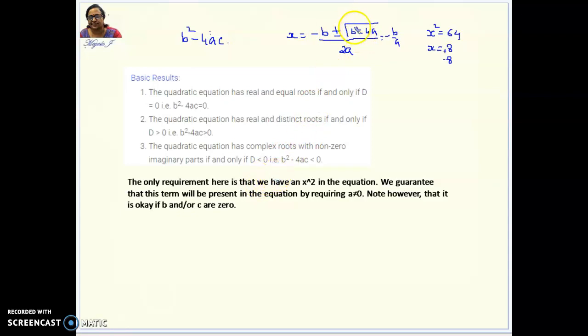The third case is when b square minus 4ac, I forgot to put the a, is less than 0, that means it is negative. The root of any negative value gives complex numbers. Don't worry about it now. As explained earlier, a should not be equal to 0, because then the x square term doesn't exist, and that is not a quadratic equation.